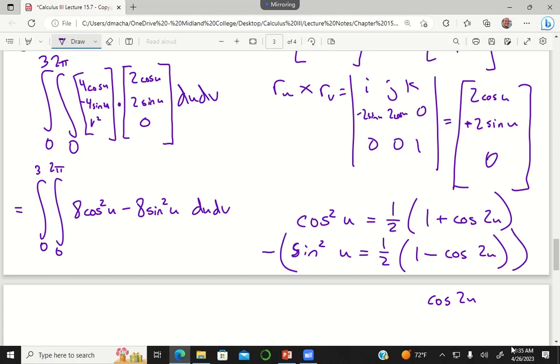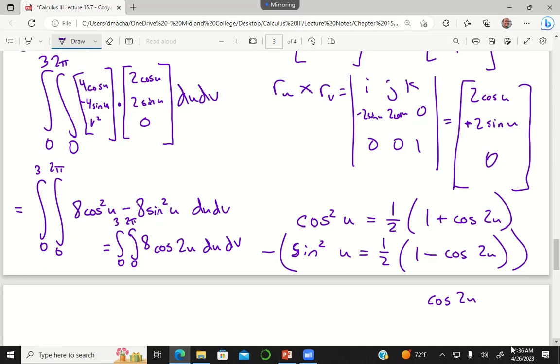So this is 8 cosine 2u, I think. I could be wrong, though. What did I say? 8 cosine 2u du dv. Okay.